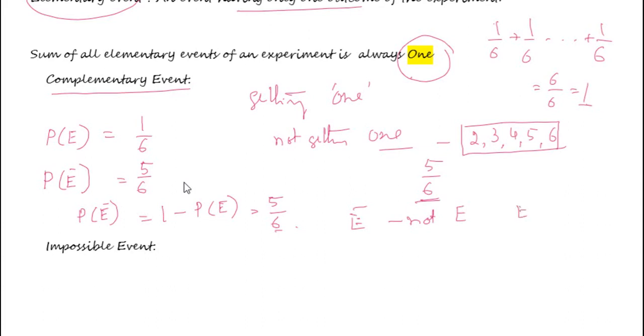So E dash is the complement of E, or we can say that E and E dash are complementary.